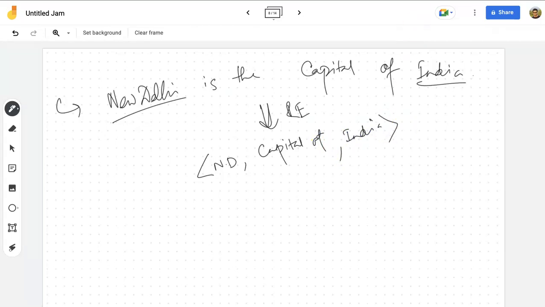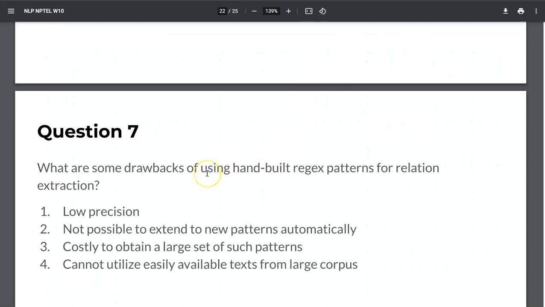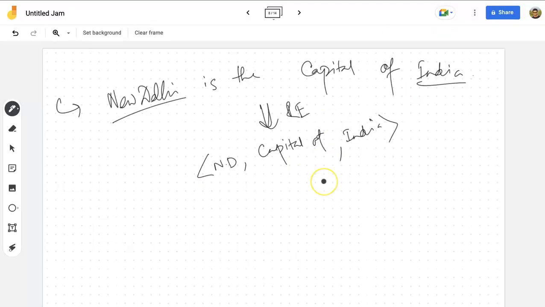Now in this question, what are they asking? What are the drawbacks of hand-built regex patterns? So how do people use these hand-built regex patterns? Maybe there are similar sentences. New Delhi is the capital of India. Maybe Kolkata is the capital of West Bengal.